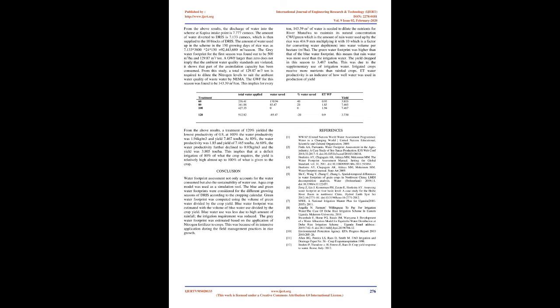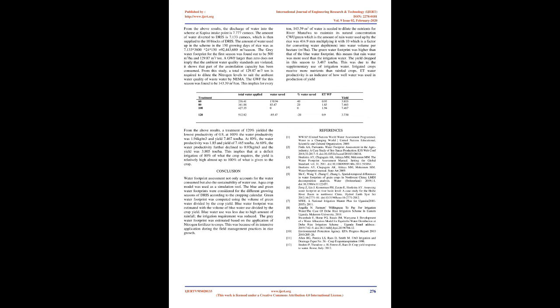Conclusion. Water footprint assessment not only accounts for the water consumed but also the sustainability of water use. The AquaCrop model was used as a simulation tool. The blue and green water footprints were considered for the different growing seasons of DRIS according to the cropping calendar. Green water footprint was computed using the volume of green water divided by the crop yield.